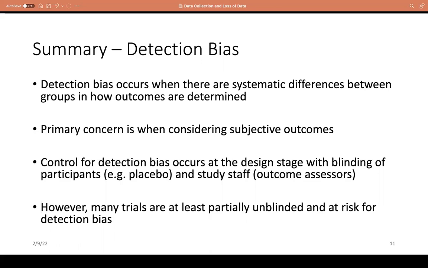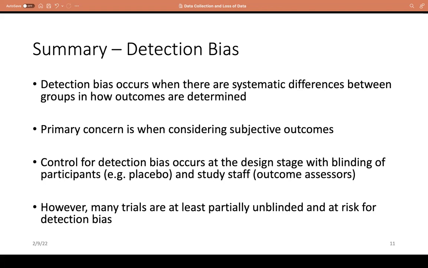So I think this is fairly intuitive to most people, so we're not going to spend a ton of time on it. But just to summarize, detection bias occurs when there are systematic differences between groups in how outcomes are assessed. The primary concern here is with respect to subjective outcomes.